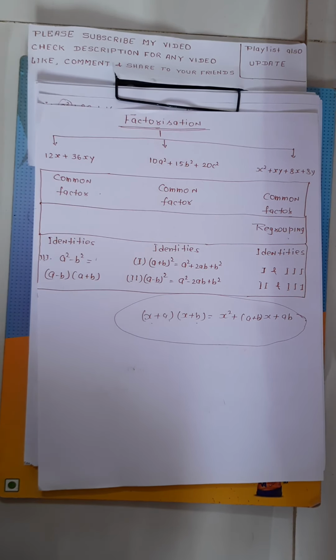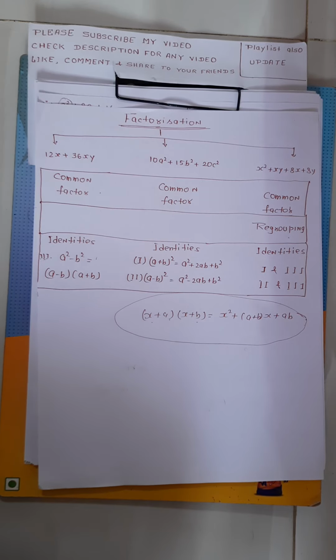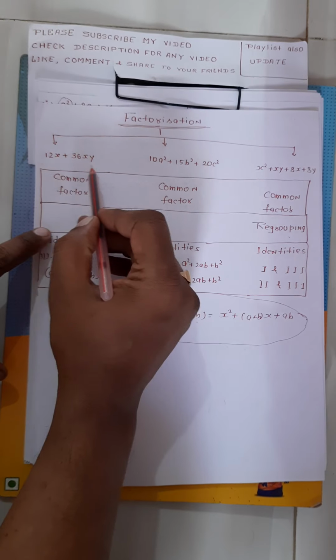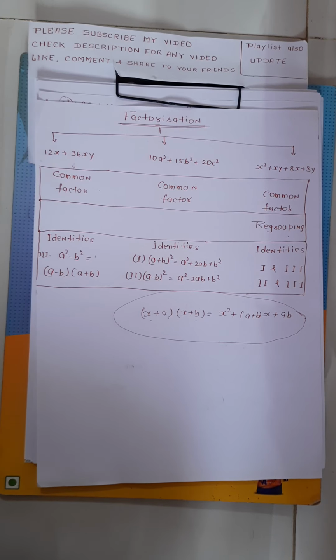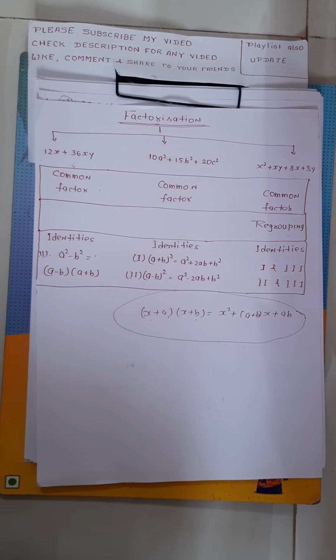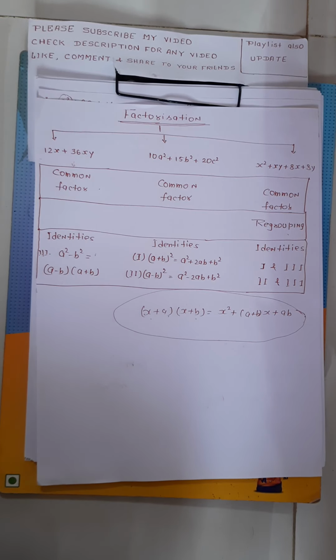First you see how many terms there are in the expression. If there are two terms, then we will solve the expression by one method. If it has three terms, then we will solve it by another method. And if we have four terms, then we will solve it by yet another method.